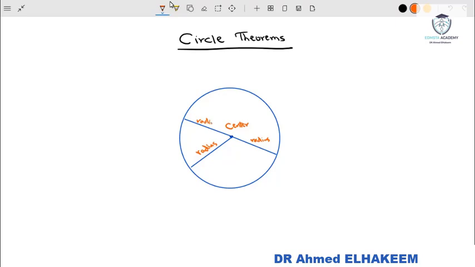So now let me call this AB. So AB is a diameter. And AB, by the way, equals double the radius.